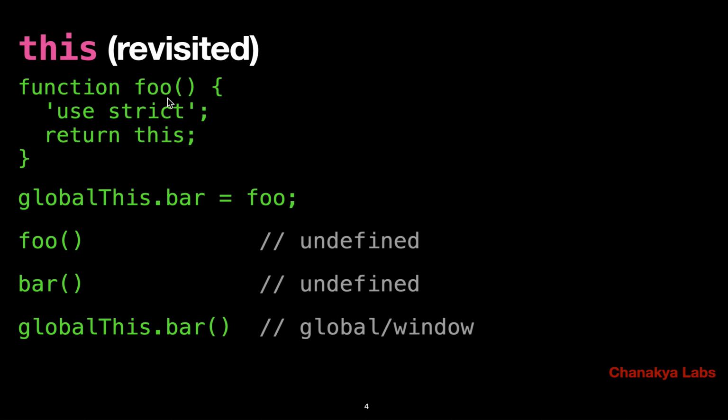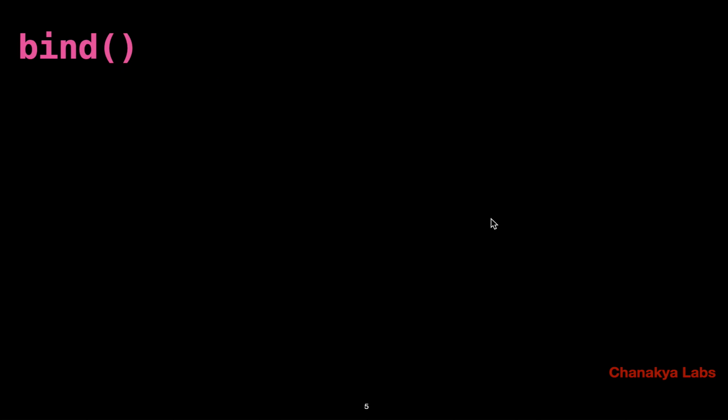But if it is not global context, it is some context like this, then I don't care what your context is, whatever the context is, that thing becomes this. And that's why here when you return, then globalThis is returned. globalThis is essentially the same as global, or it will be window in the browser environment, right? So this is a small revision of this. Now let's see how we can introduce bind in this context.